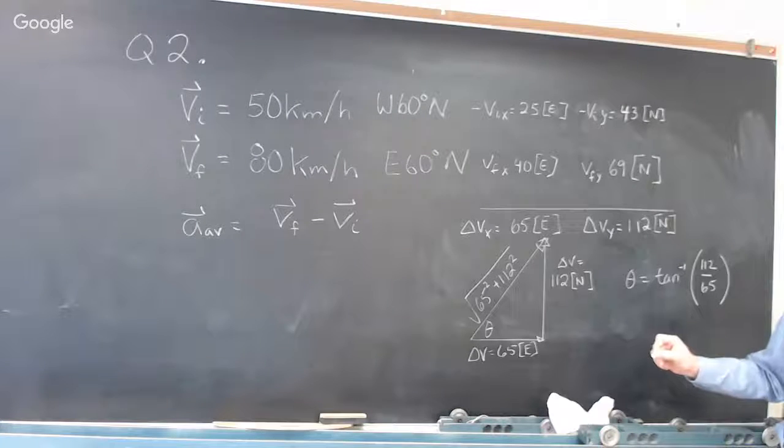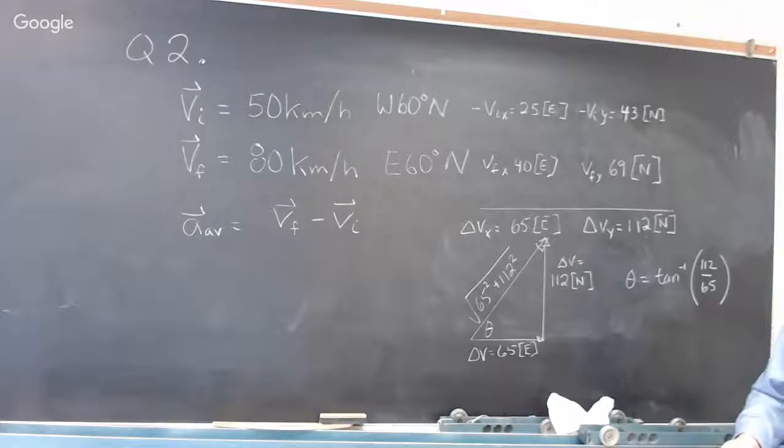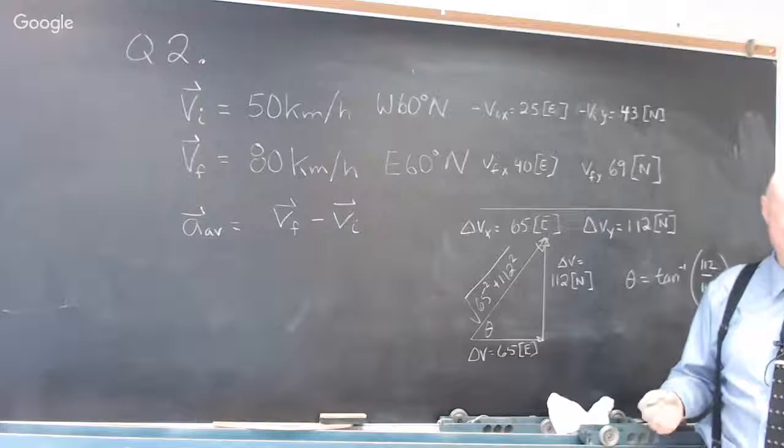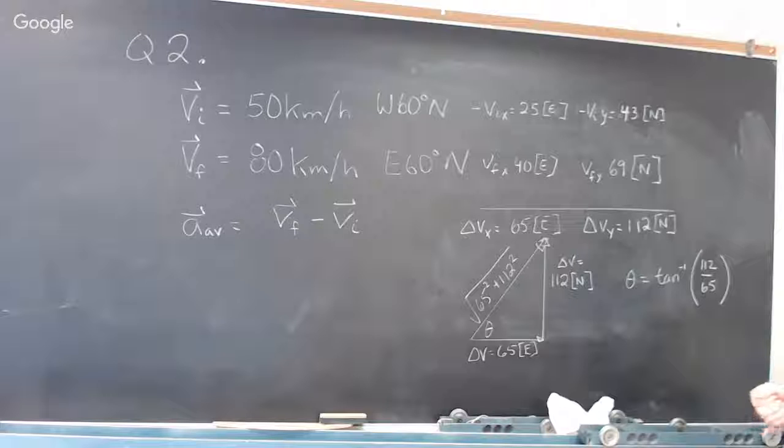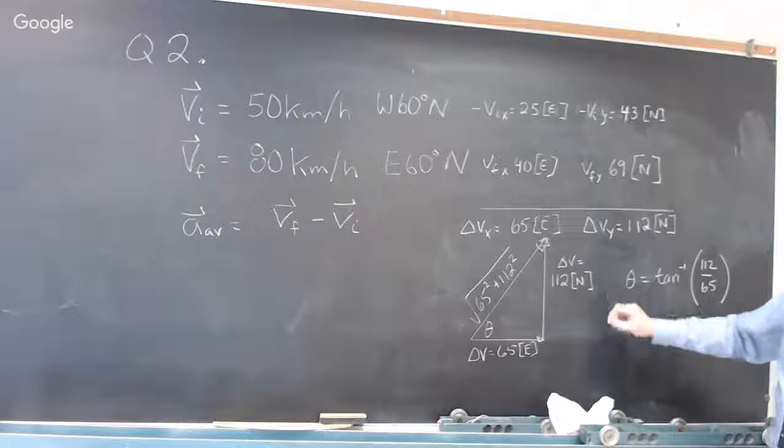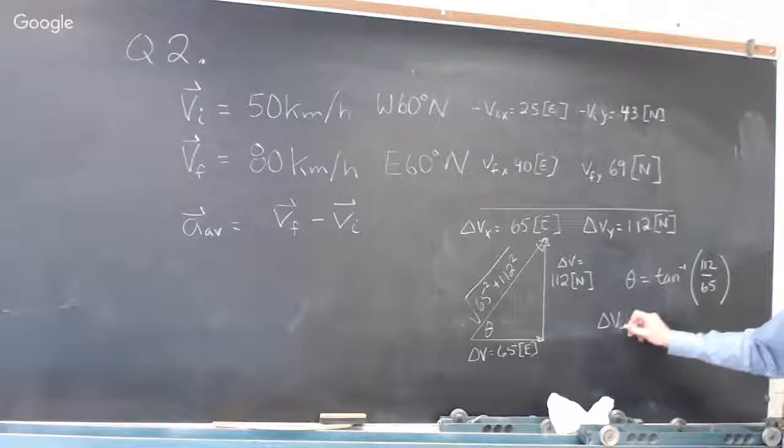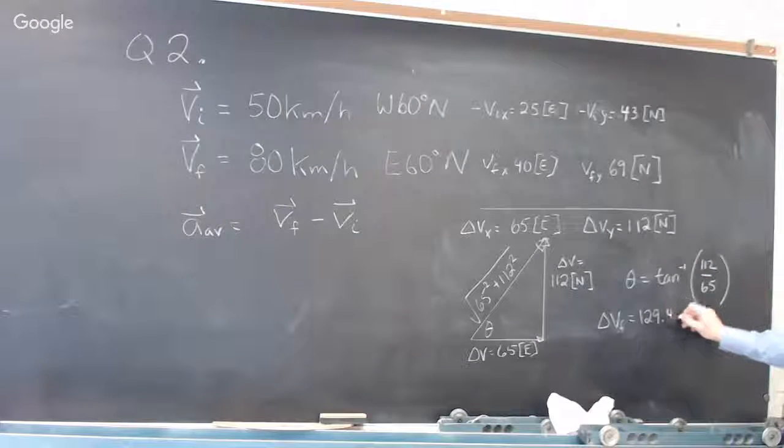Oh, was I supposed to do something? So anyways, using my calculator, the hypotenuse is 129.4951. Okay. Yes, we're getting an enormous acceleration here.